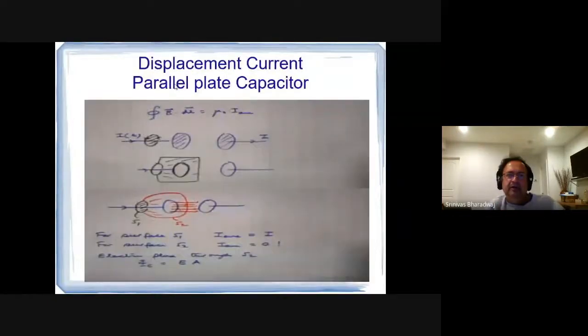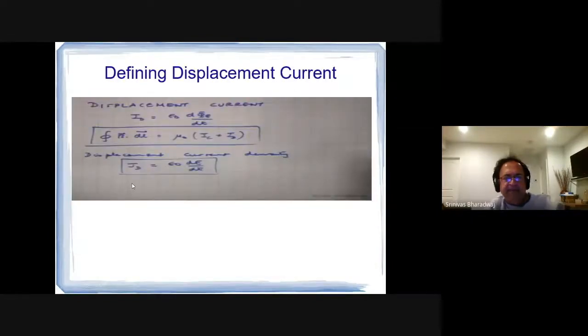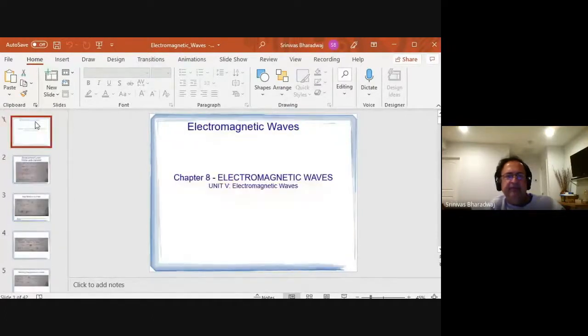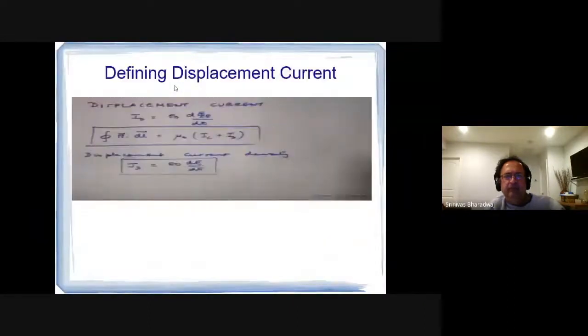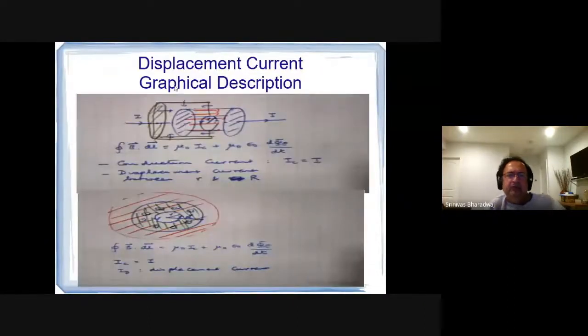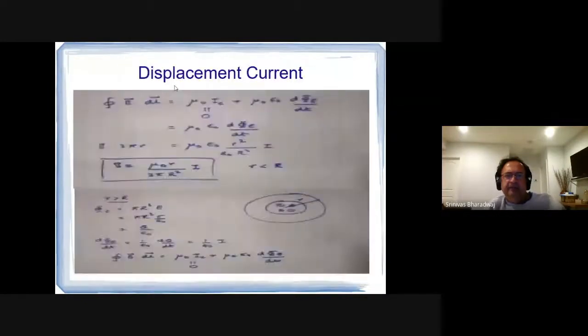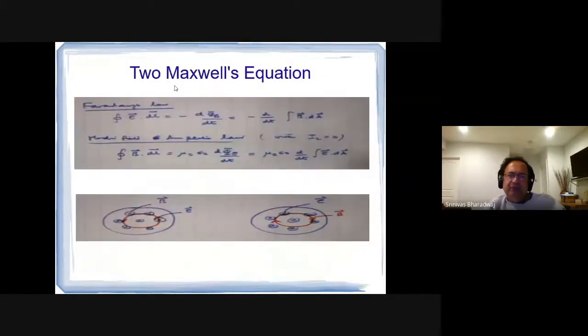So when we look at electromagnetic waves, I didn't want to go into the displacement current in detail, because we are trying to start a new subject.